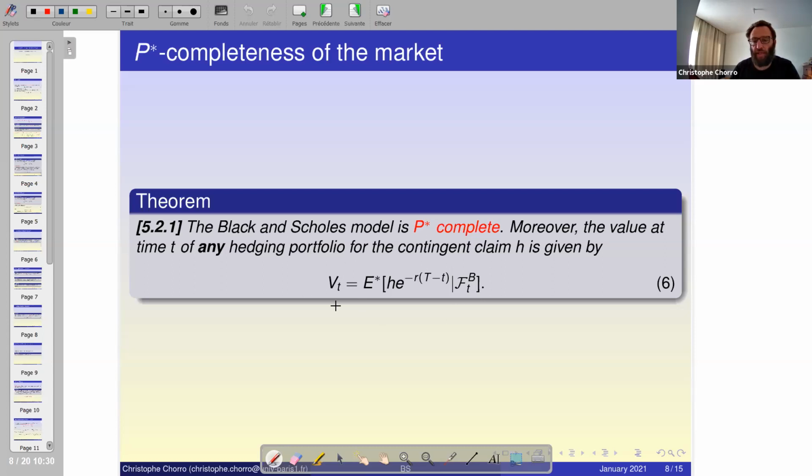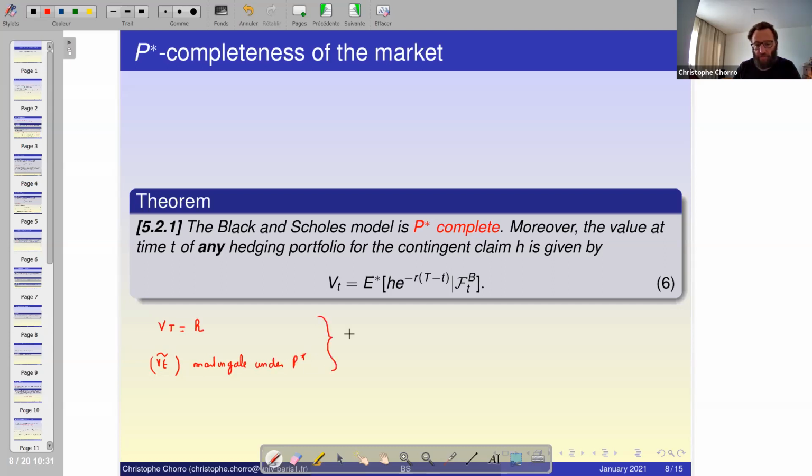It's very easy to obtain this because what I use is the fact that I want to replicate H, or I want H to be attained by my strategy. So the final value is given by this one. And I also know, since I work with P star admissible financial strategy, that V_t tilde is a martingale under P star.